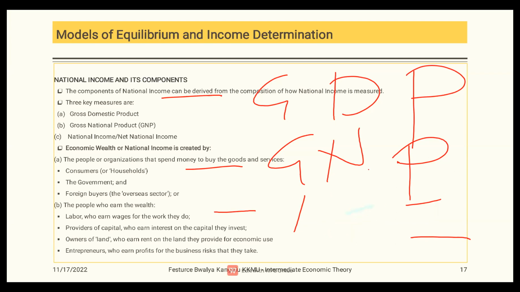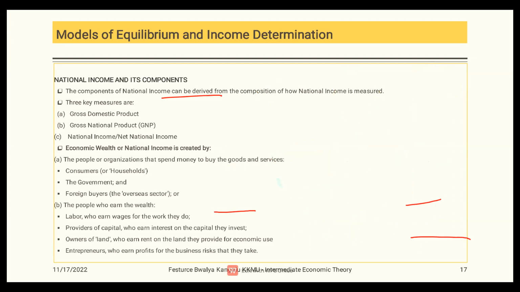Most of the time, we have people or organizations that spend money to buy goods and services. Whenever you spend, you are gaining either a service or a good. That is the main assumption that we make.